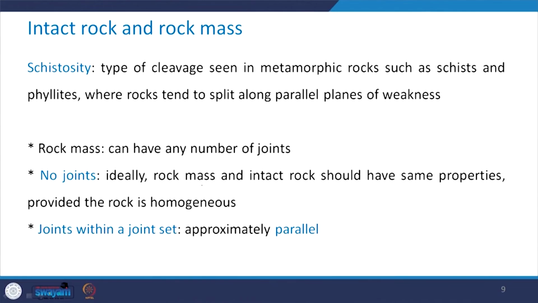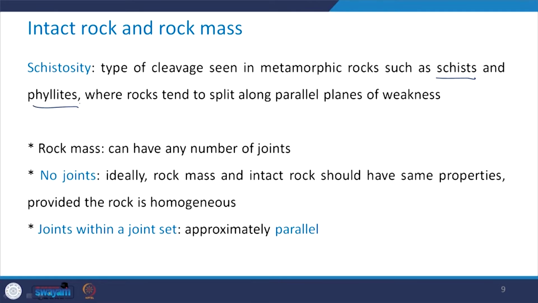Then the next category is schistosity. It is the type of cleavage which is seen in metamorphic rocks like schist and phyllites, where the rocks tend to split along parallel planes of weakness. Now this rock mass can have any number of joints. If there are no joints, then ideally the properties of the rock mass and intact rock should be the same, provided the rock is homogeneous.